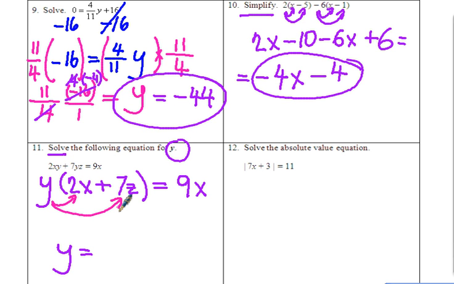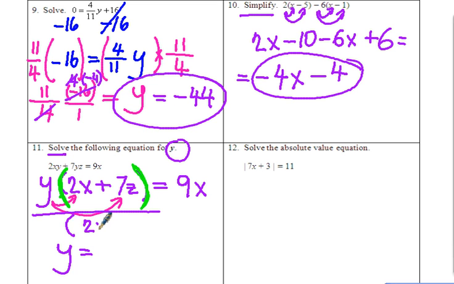Now, what is the operation that we are using here? I know we have an addition, but that's inside the parentheses. We don't touch that. That's like one big expression. What is the relationship between y and the parentheses? What is the operation we are using? And I hope you all know that it is multiplication. How do we undo multiplication? By dividing.